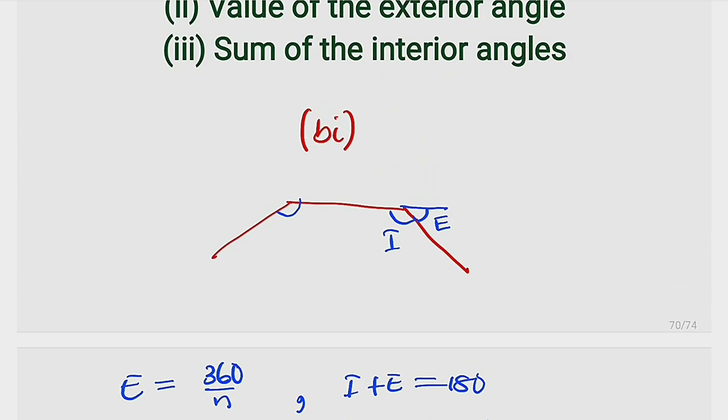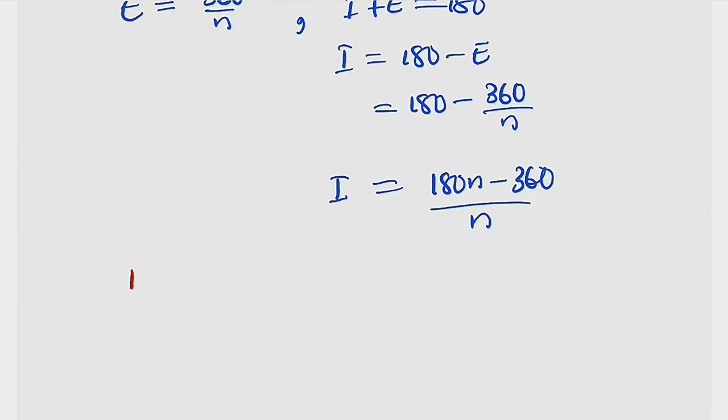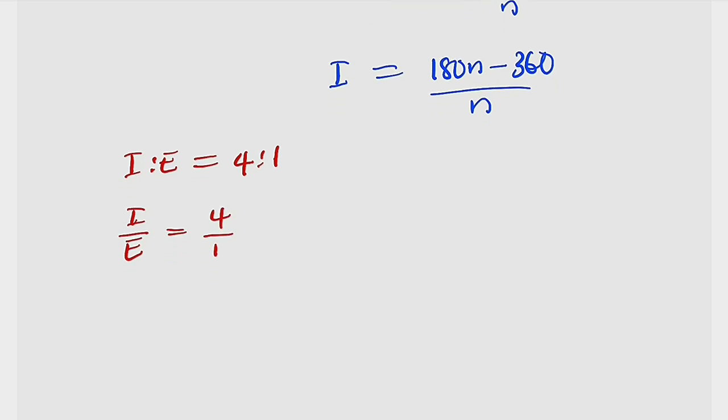But the question stated that their ratio is what? 4 to 1. So the ratio of interior to that of exterior is equal to 4 to 1, which means that interior divided by exterior will be equal to 4 divided by 1. Now what is interior? Interior is just this one, which is 180n minus 360 divided by n.